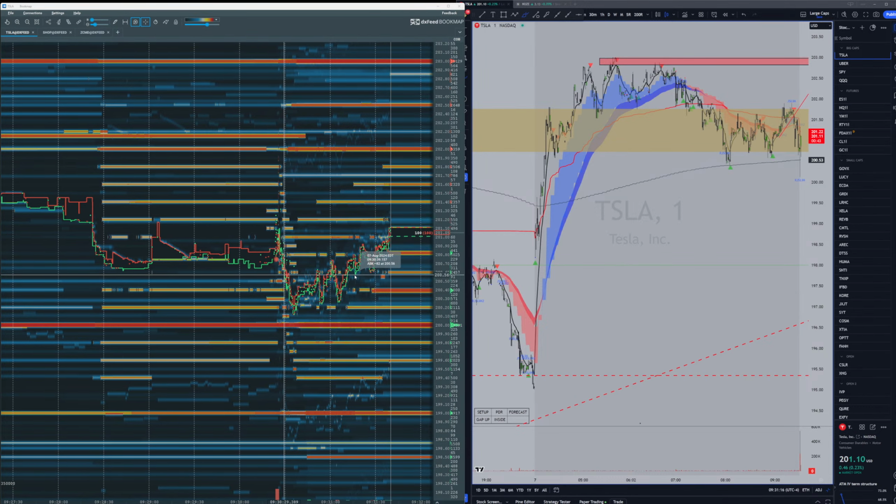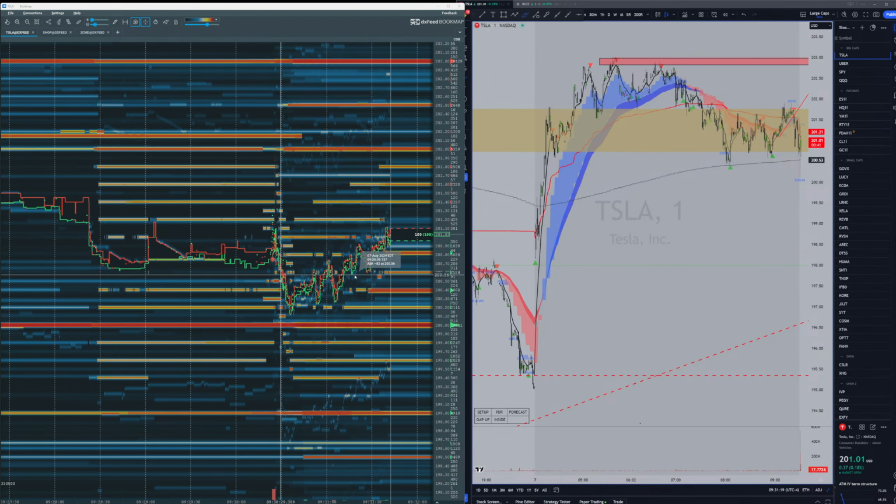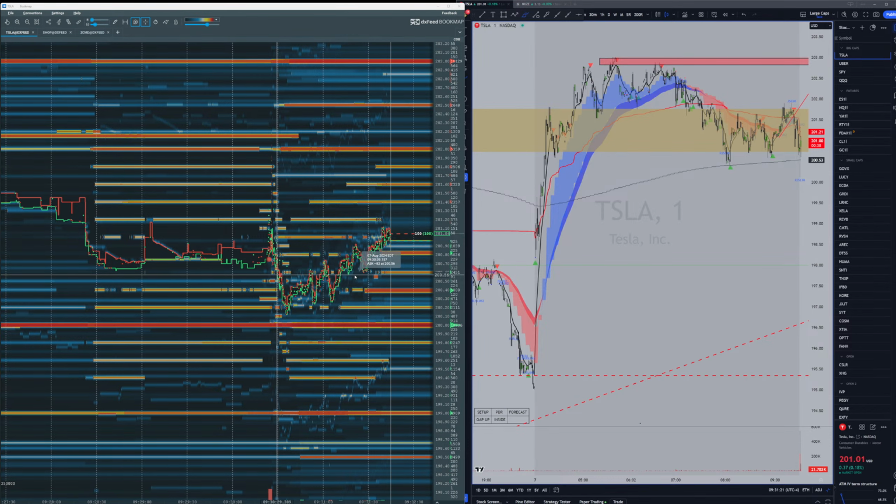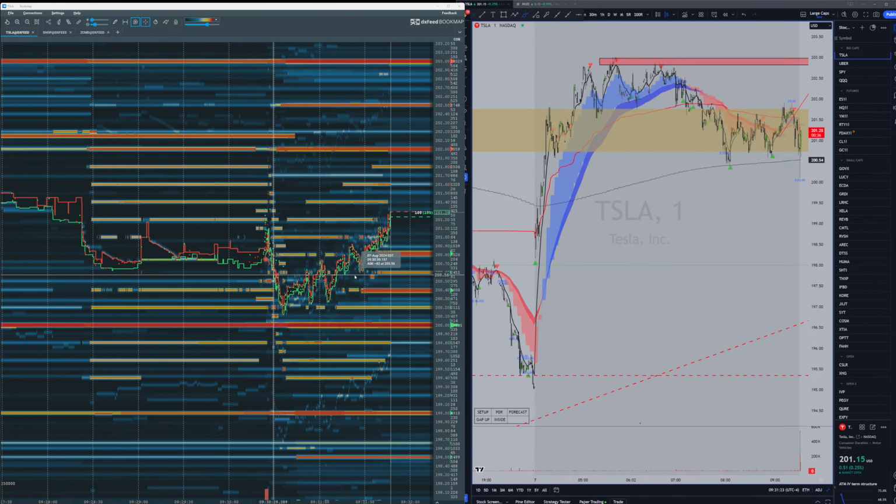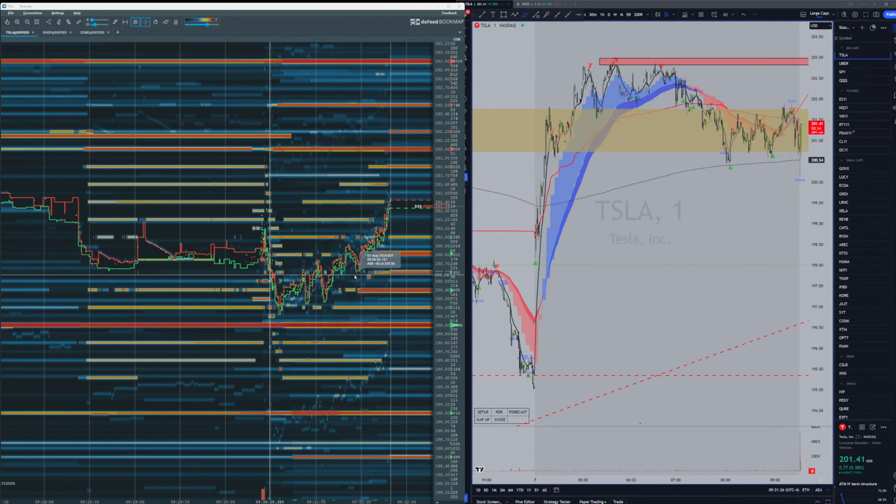So Nvidia pushing a little bit more. Tesla for now giving a fake breakdown of this support, bouncing.